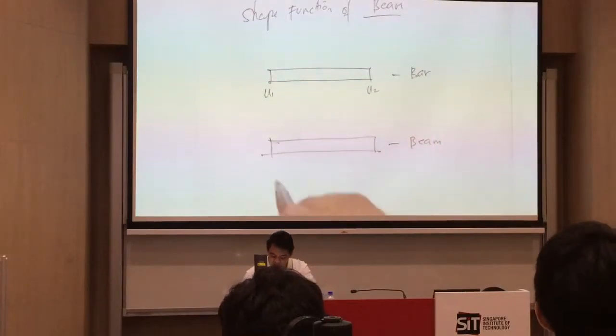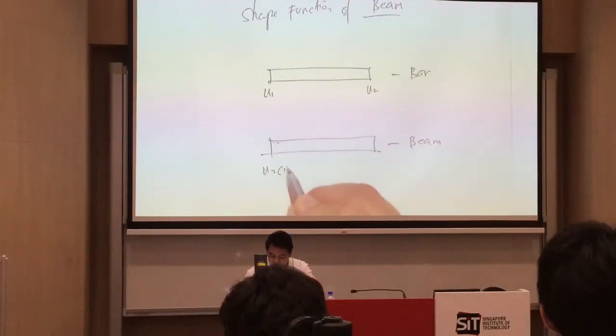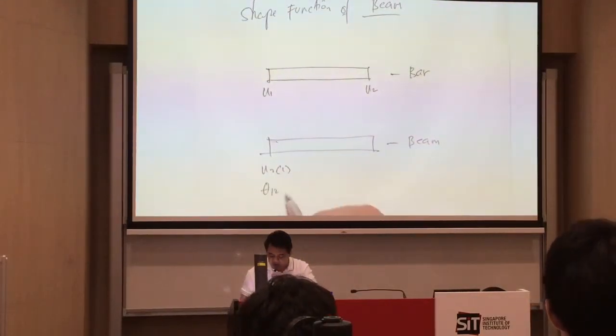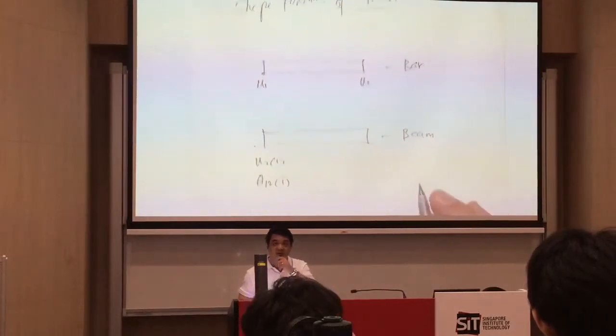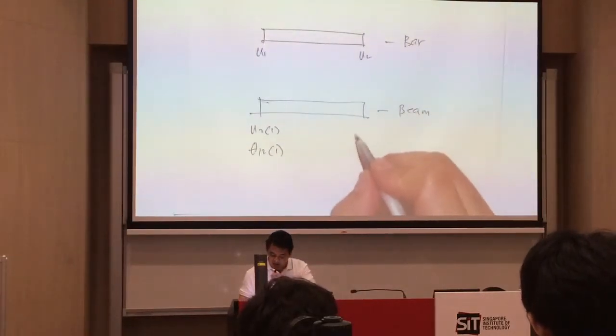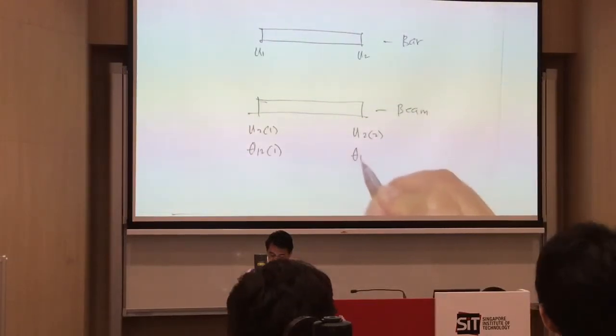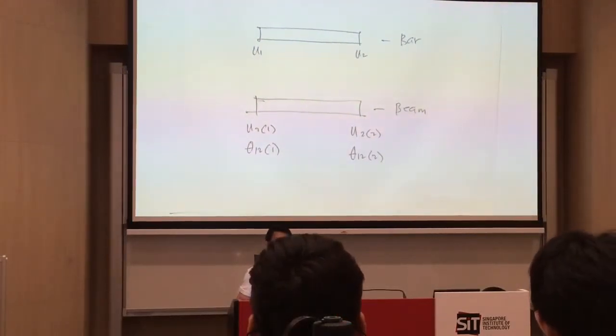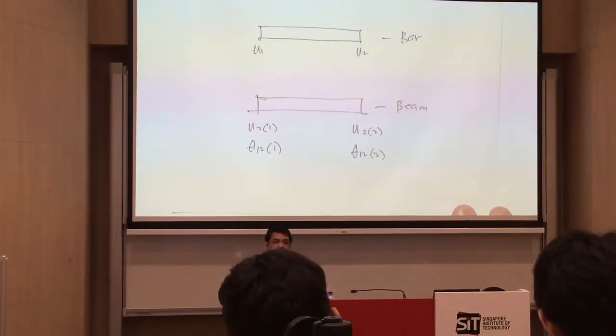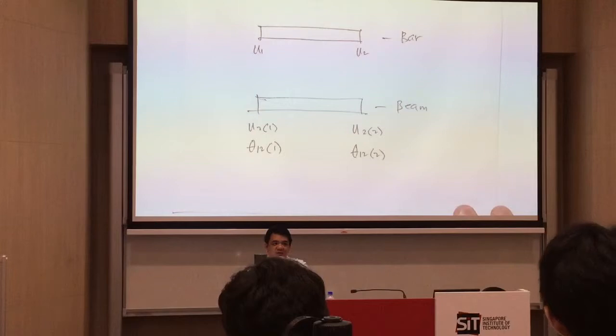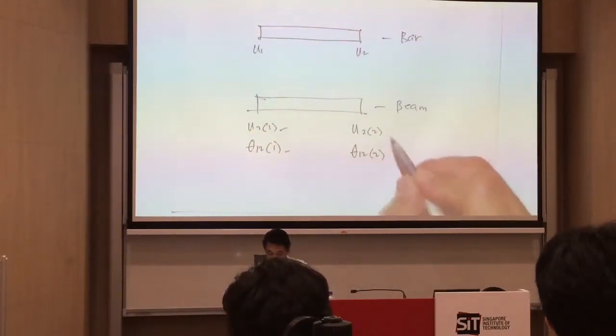So a beam will have U2 at 1, you have your theta 1 at 1, and then you have your U2 at 2, and then you have now your theta 2 at 2. So how many degrees of freedom do we have? 4.